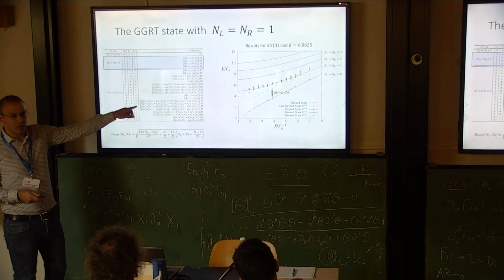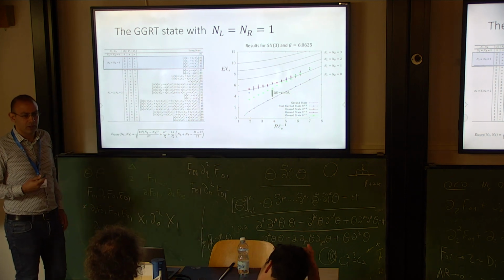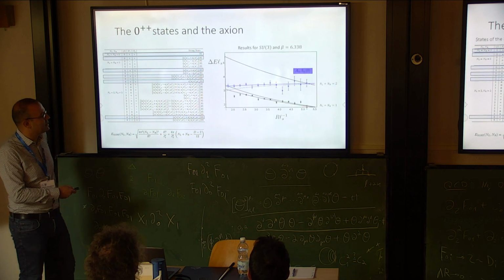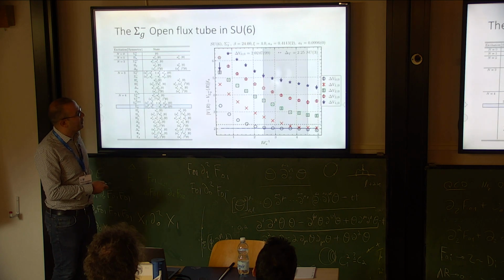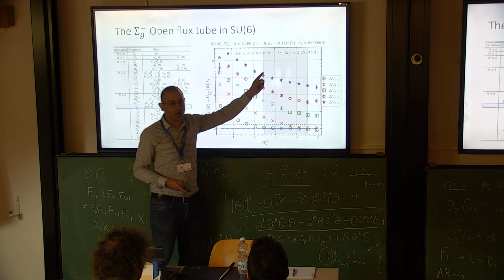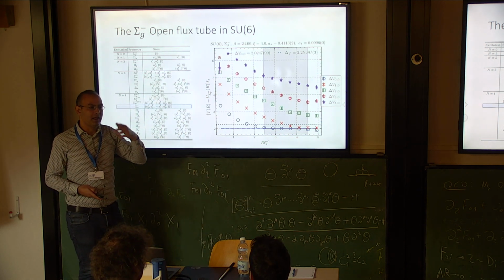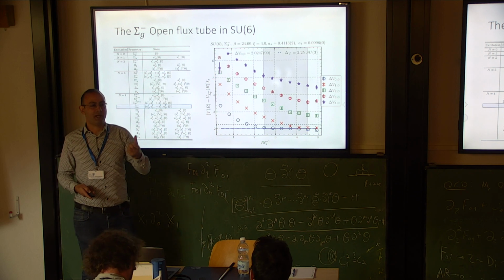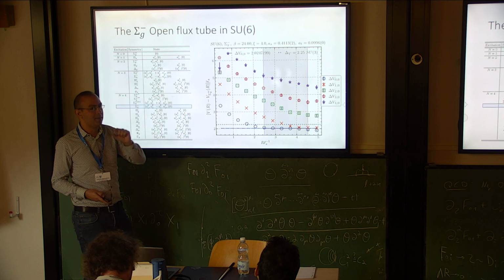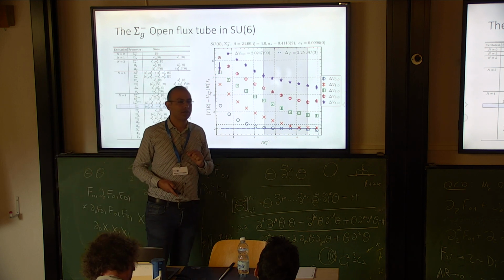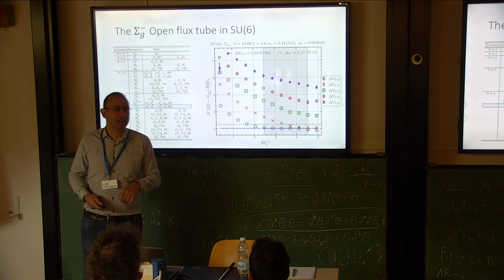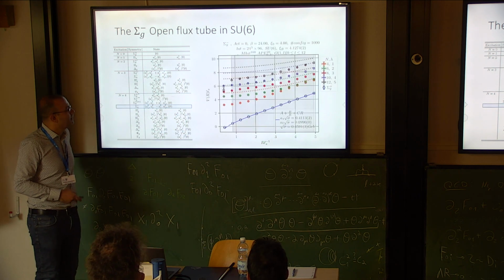And actually, this is what we do for the open flux tube. You can see these numbers here: the anisotropy is 4, so the time resolution is 4 times smaller than the space resolution. That's what enables us to extract so many states.